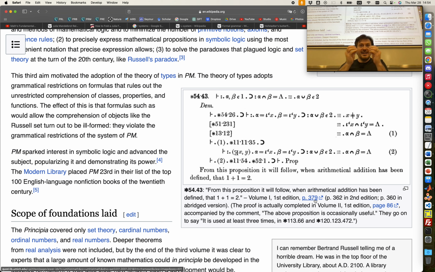Okay? It's that deep. And before they start with this book, they had to make sure that they get rid of paradoxes in set theory. It's based on set theory. And set theory has these paradoxes right at the beginning, related to sets that contain all the sets, sets that don't contain all the sets, et cetera. Like the kind of paradox where a statement says this statement is false.